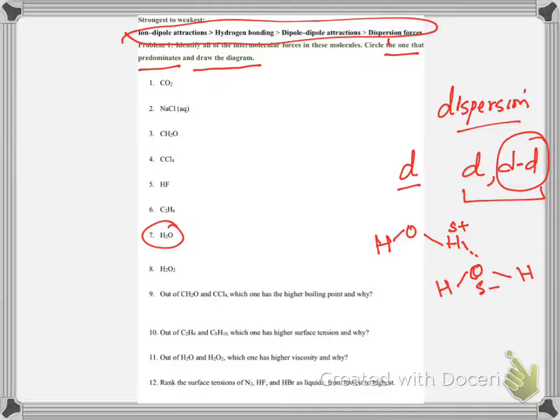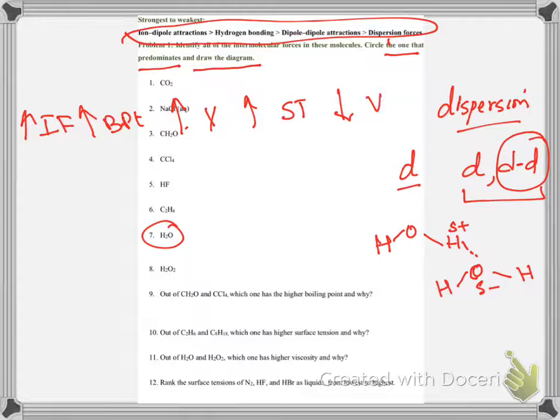Now, stronger the intermolecular forces, higher the boiling point of the molecule is, higher is the viscosity, higher is the surface tension, and lower is the vapor pressure. Because if the forces are strong, you have to break all these forces so that the liquid molecules can escape into the vapor form.